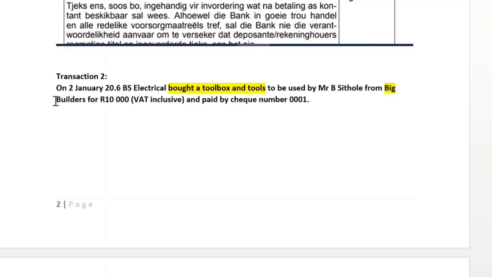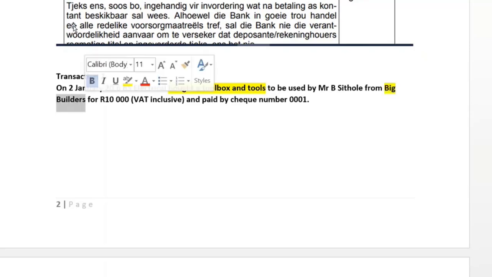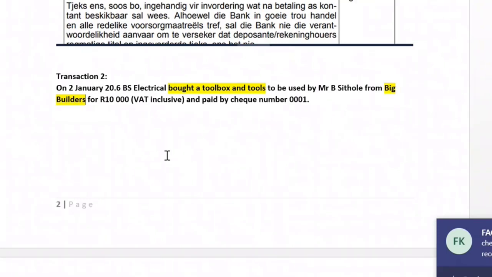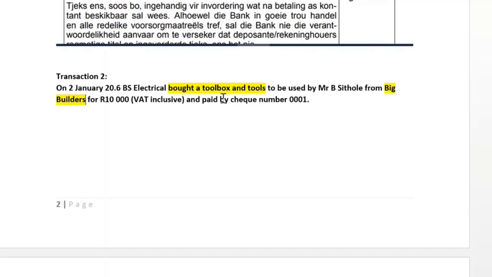That's the first question for you in determining the source document. What is the proof? What is the evidence that Mr. Sitole bought the toolbox and tools from BS Electrical and paid by check?